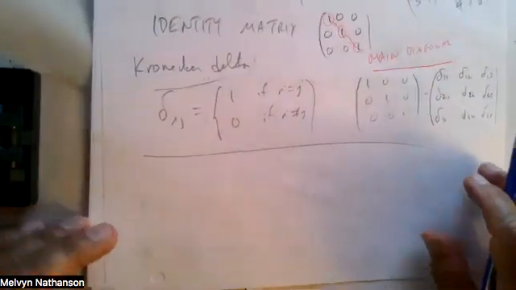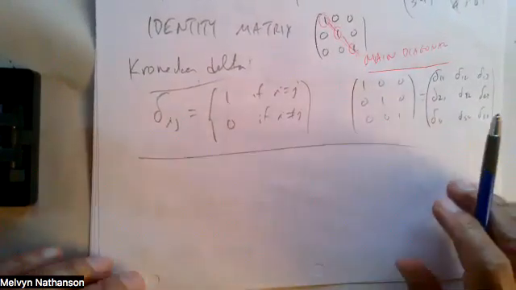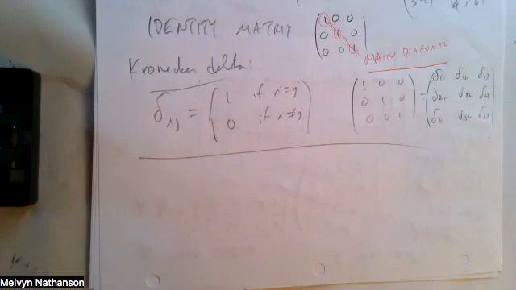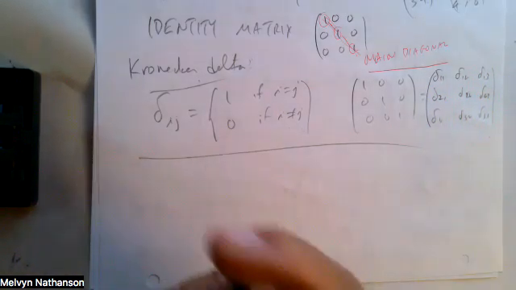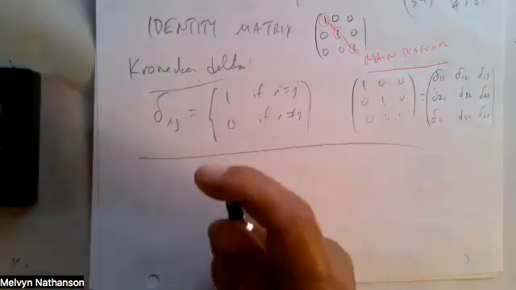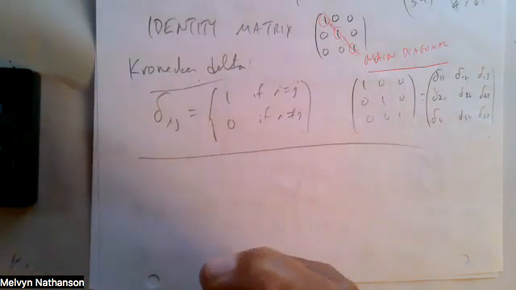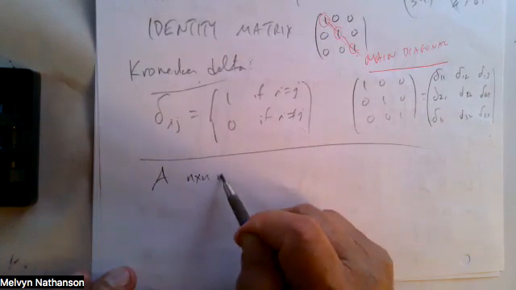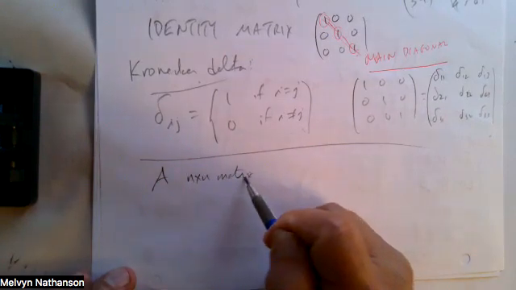Here, let's start with an exercise that you should do and then I'll do just to get some practice. Let's suppose that A is a square matrix, an n by n matrix.